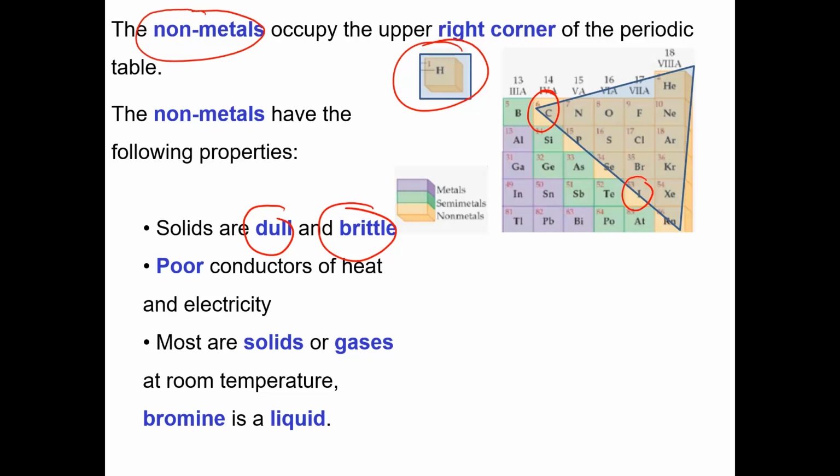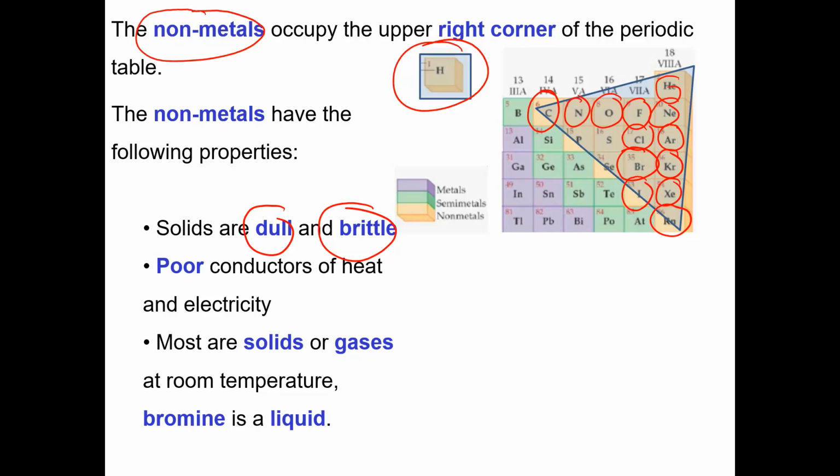Most of the nonmetals are solids or gases. The only nonmetal that's a liquid is bromine. Those that are gases are probably pretty familiar to you: nitrogen, oxygen, fluorine, chlorine, and then every element in group 8A: helium, neon, argon, krypton, xenon, and radon, which we mentioned earlier.